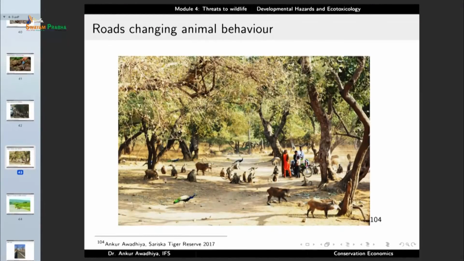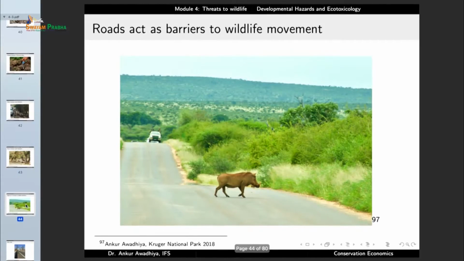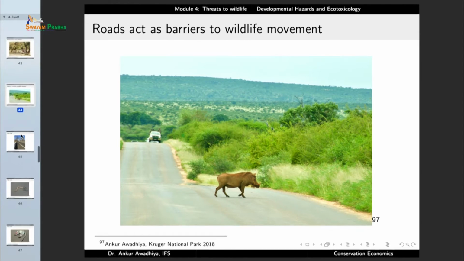So now there is a greater interaction of people and animals. We have constructed so many roads that they are acting as big barriers to the movement of wildlife. Wildlife is finding it more and more difficult to cross the road. Earlier this whole habitat was theirs, but now we have divided it into fragments.